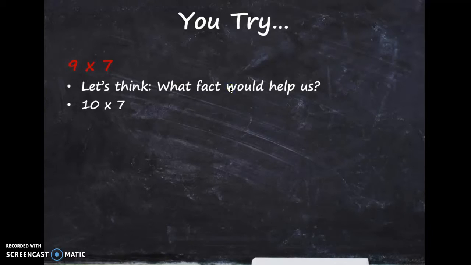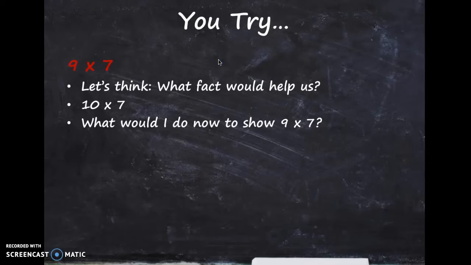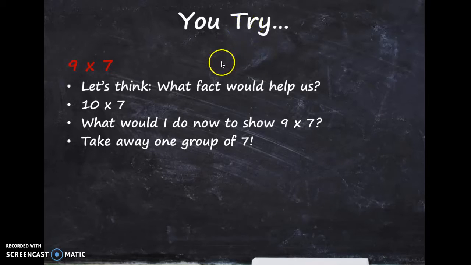We can start by changing the 9 to a 10, making it 10 times 7. Next, we could show 9 times 7 by taking away one group of 7. If you said that we took away one group, you are so smart.